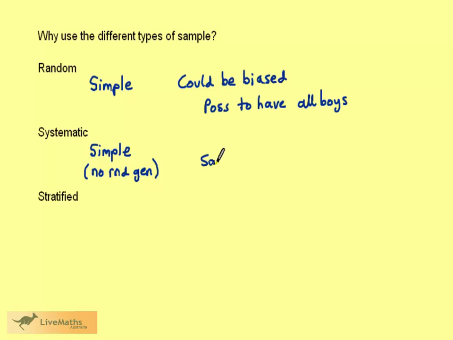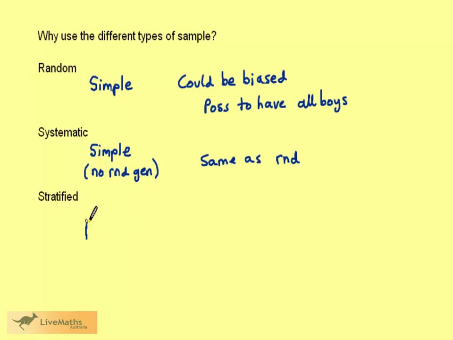The disadvantage is the same. It can easily produce a biased list. If our school had 50 girls and 50 boys, we wouldn't want to take a sample that had 9 boys and 1 girl if we thought that gender would make a difference to the answers.